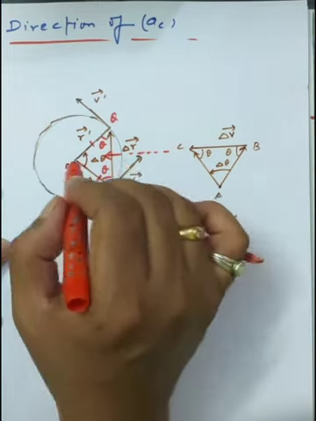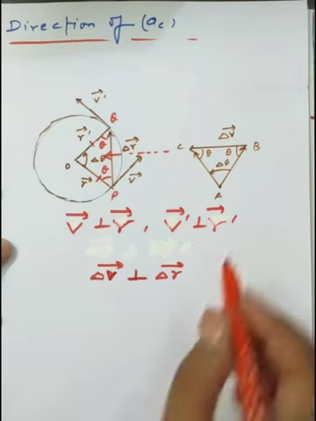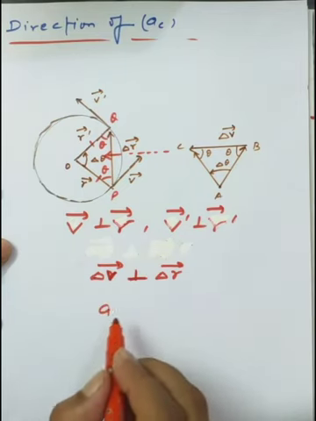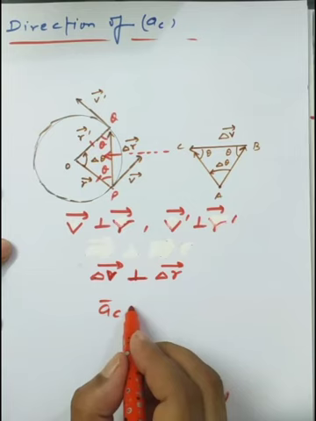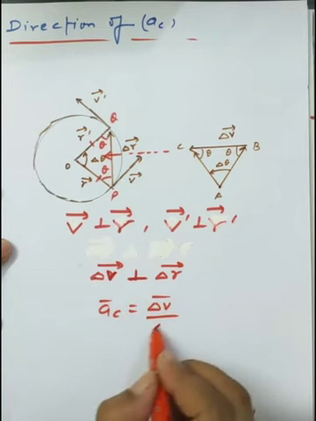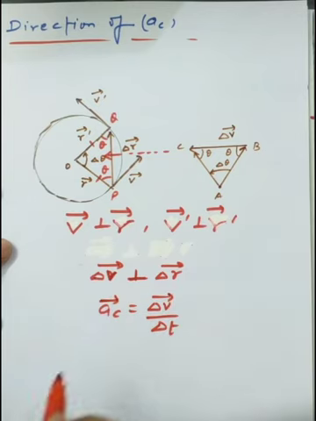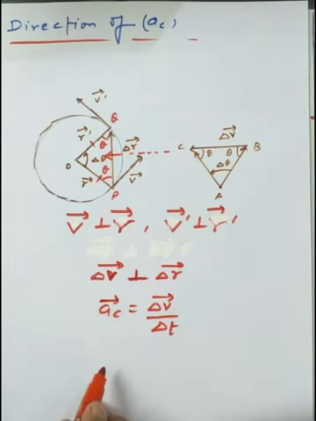So the direction of the change in velocity gives the direction of the acceleration. We can easily say that the centripetal acceleration is the change in velocity with respect to time, and it gives the direction of the acceleration. This is the general concept we have.